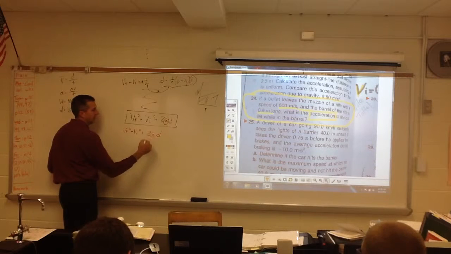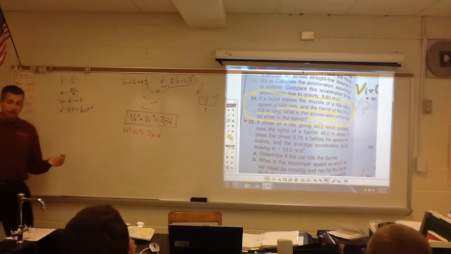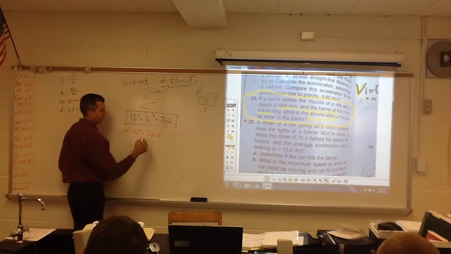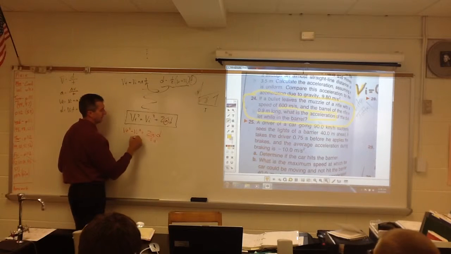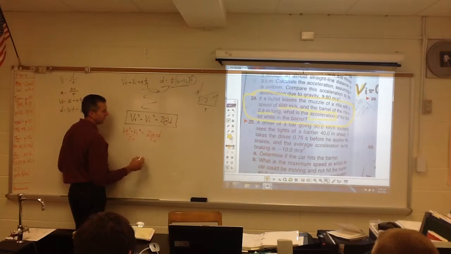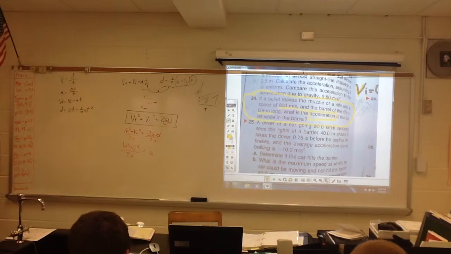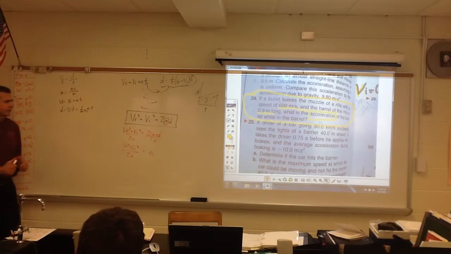Remember, I'm trying to find the a. So to get the a by itself, I'll divide both sides by 2d. So what I'm left with is that a equals Vf squared minus Vi squared over 2d. Good. We have correctly rearranged.